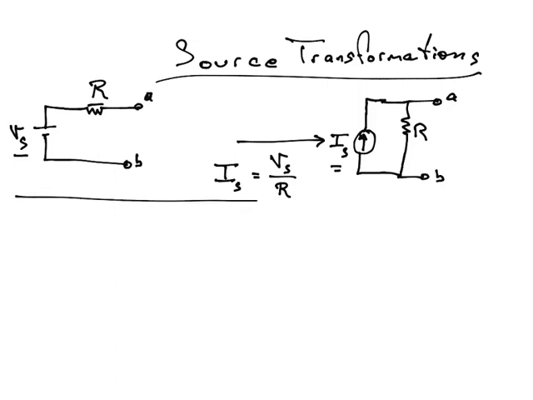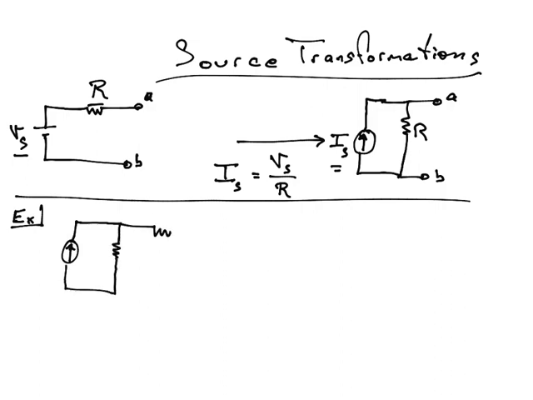Let's get an idea of how this might work. Let's say we have this particular circuit. We have a current source, a resistor, a voltage source.